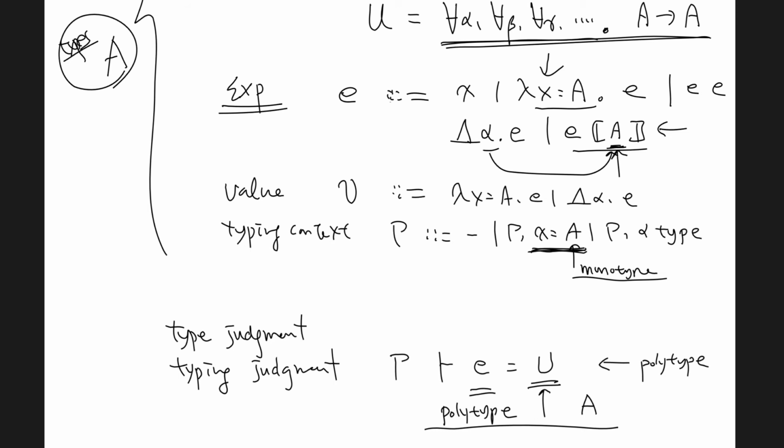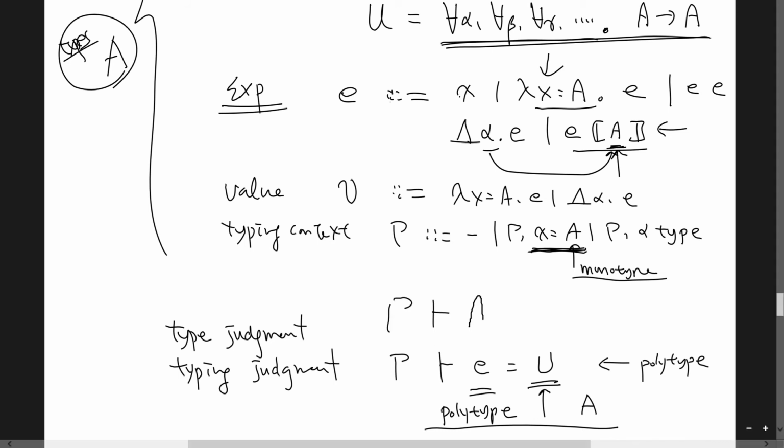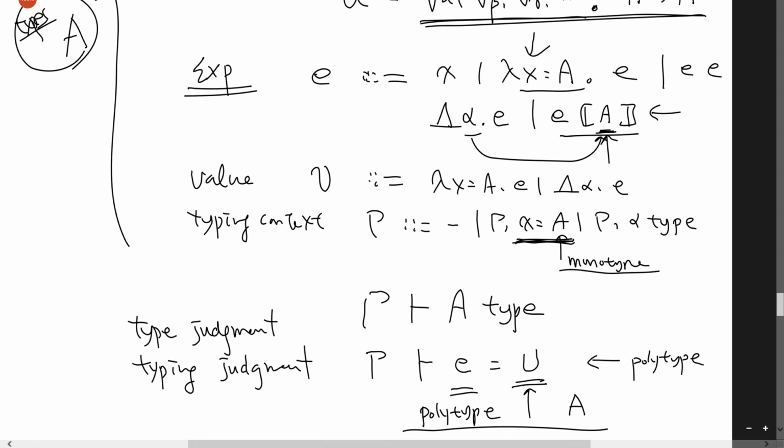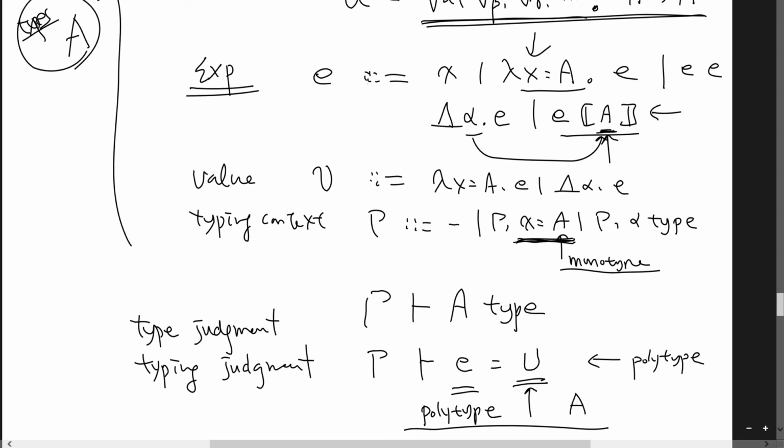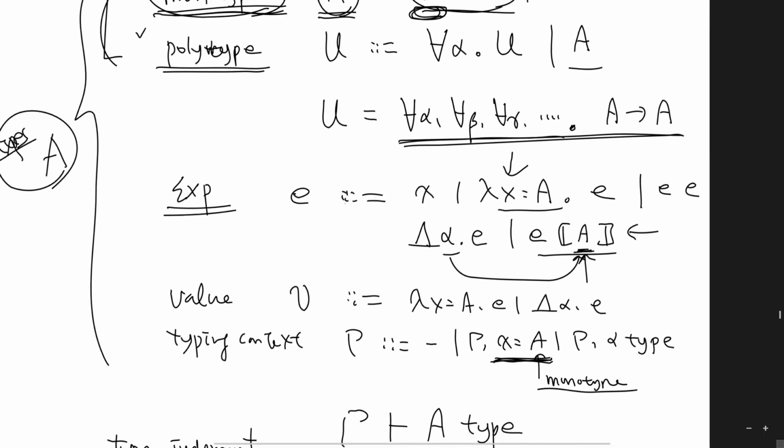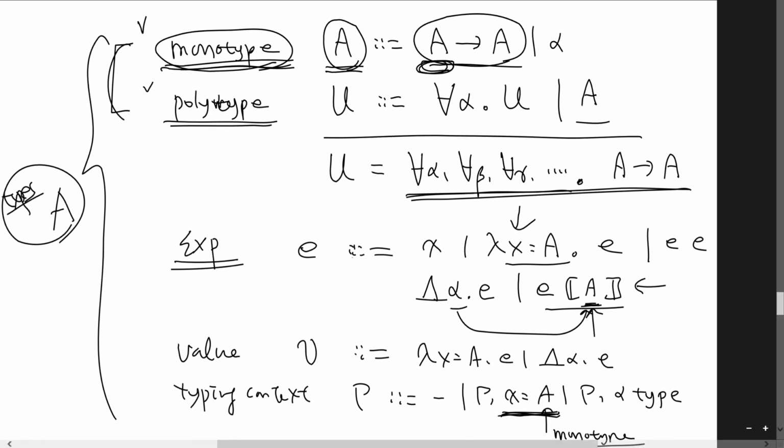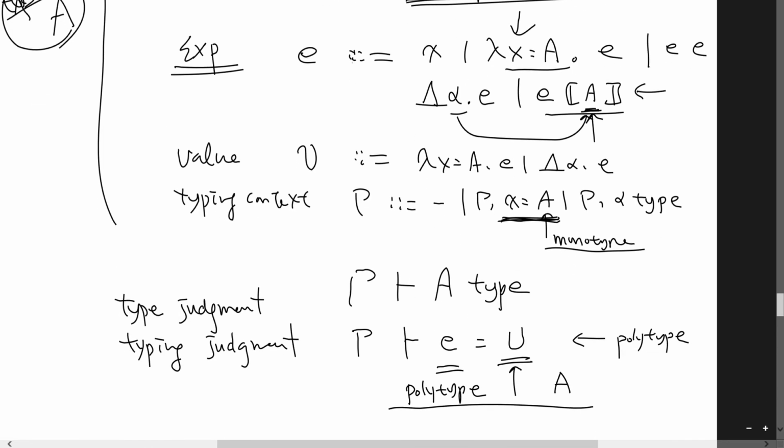But in contrast, the type judgment only allows monotype because as we will see, the construction of polytypes is automatically valid. Any polytype constructed according to this syntax is legitimate, provided that all the monotypes are legitimate. So we are going to use these two judgments, type judgment, this one, and typing judgment, this one.